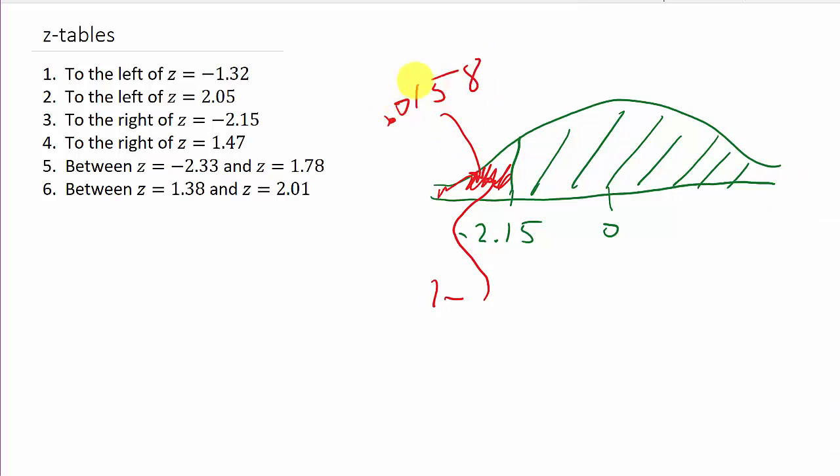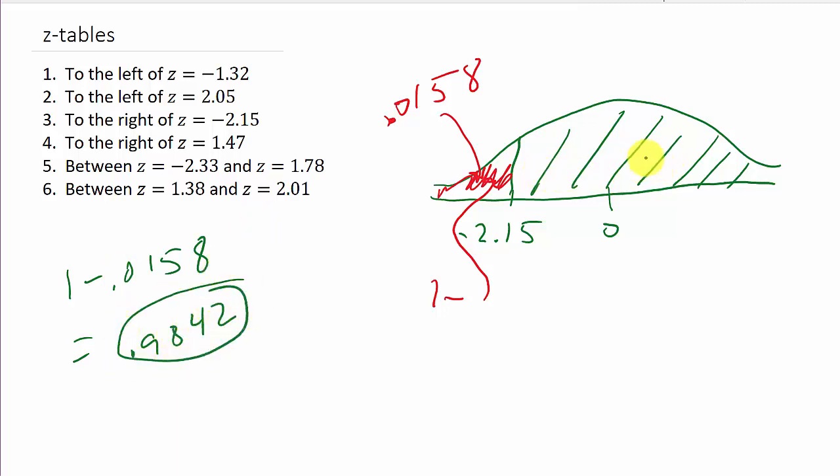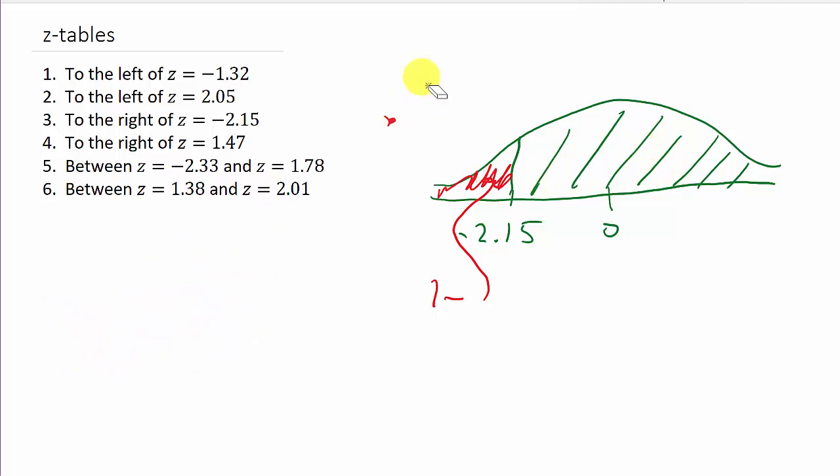Remember, to get the area to the right, we take the entire area and subtract this off, and we're left with just this. So we get 1 minus 0.0158, and that gives us an area of 0.9842, and that's the area to the right of this value. Okay, alright, let's take a look at the next one.